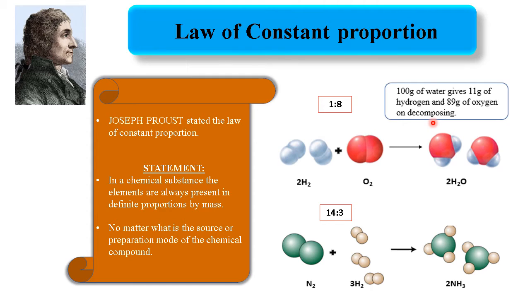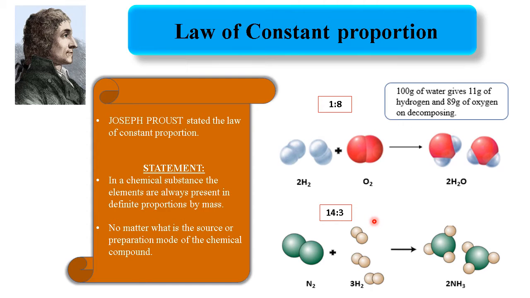This experiment shows that water always consists of the same two elements, hydrogen and oxygen, combined together in the same constant proportion of 11:89, or when we reduce it, 1:8 by mass. And this is the law of constant proportion.